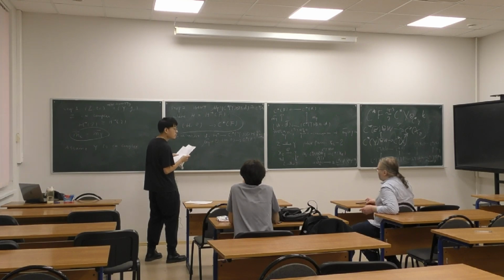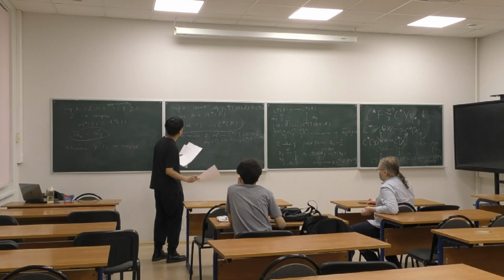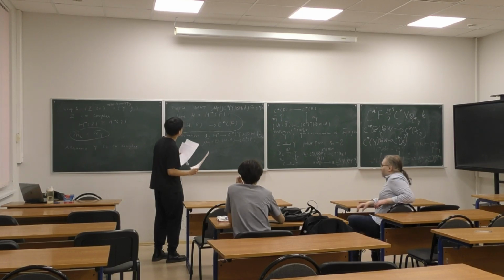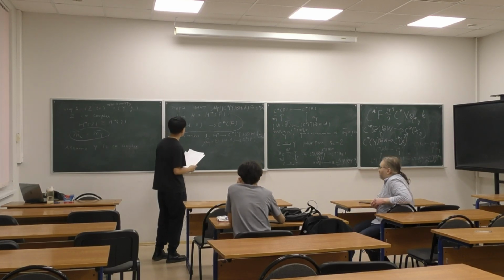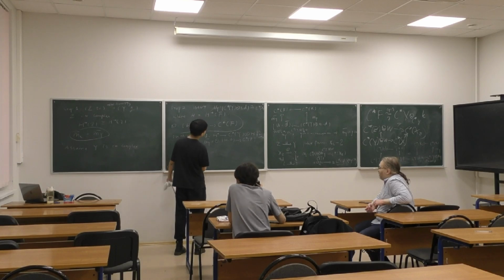What does this all mean? D and Y bar, and so on. So could you please explain the gradings?